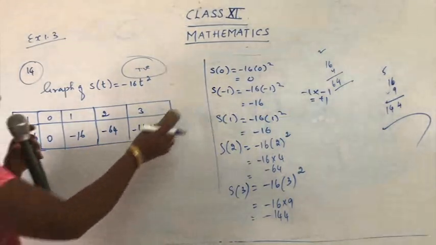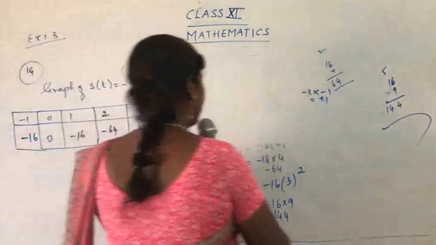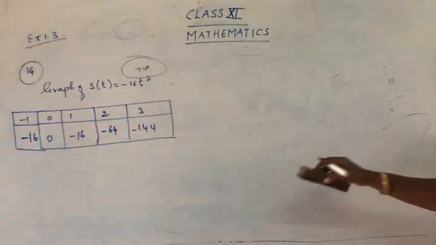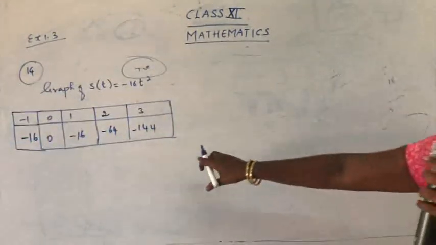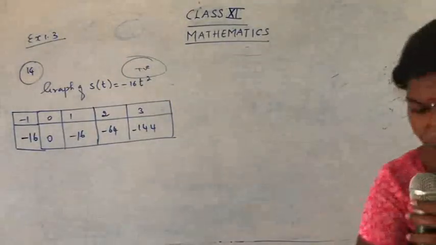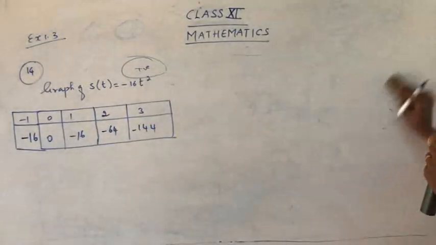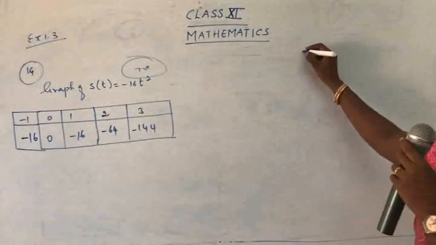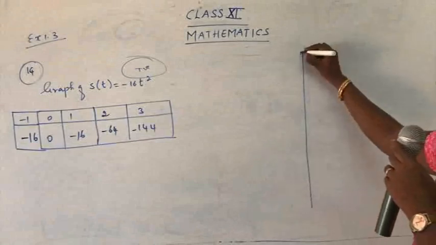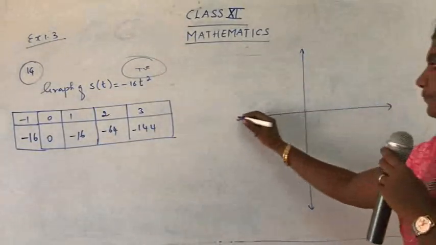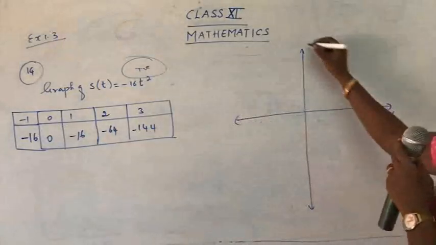Now I'll rub this part, and now you take your scale and pencil and just draw an x-axis and a y-axis. If you have very little space left in the page, use a new page for drawing your graph, okay? Do not draw a small graph. Draw a graph, write here x and put your y-axis.